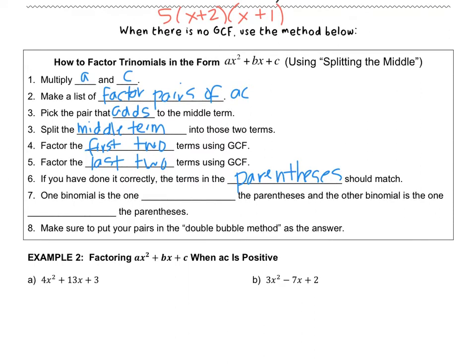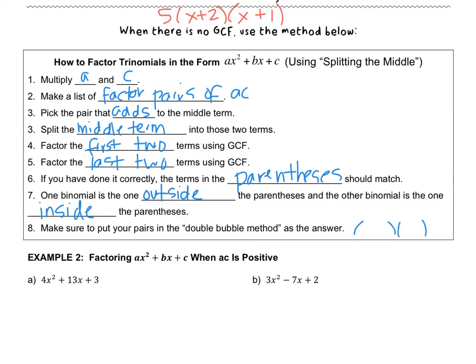If they don't, either you did it wrong or you can't use this technique and you need another type of factoring. Then, one binomial is the one outside the parentheses, and the other binomial is the term inside the parentheses. And then you just want to make sure that you put your answer using the double bubble.